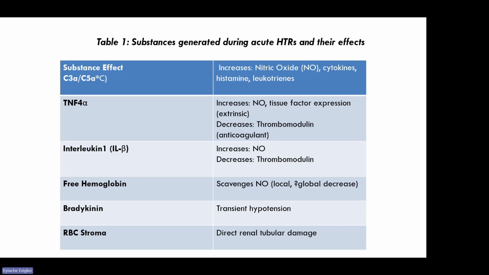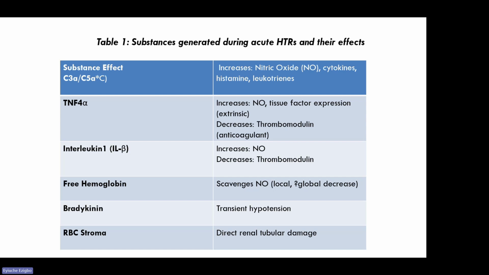So some of the substances, just like in the last slide, some of the substances generated during acute hemolytic transfusion reaction and their effects. Okay, so complement 3a, complement 5a, they increase the nitric oxide, cytokines, and histamine. These are their effects.